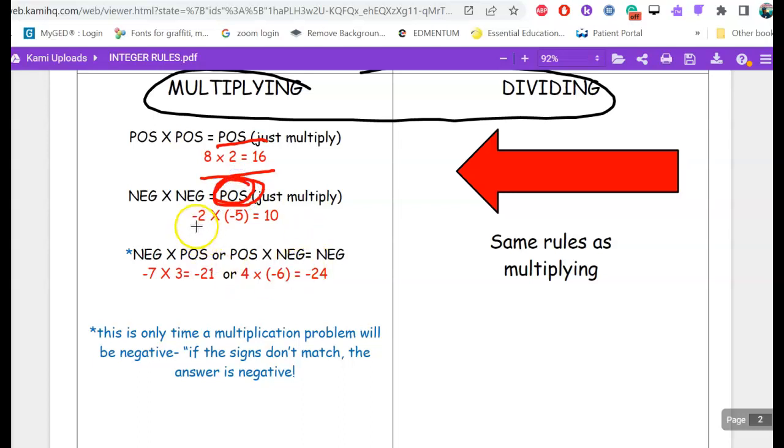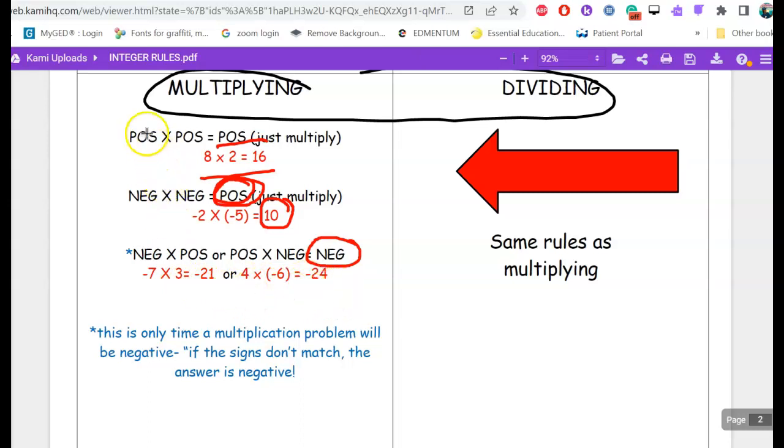For example, negative 2 times a negative 5, my answer is a positive 10. Same thing if I were to do division. A negative divided by a negative is positive. The only time we end up with a negative answer is when we're mixing them, such as a negative times a positive or positive times a negative. For example, negative 7 times a positive 3, that's a negative 21. Or positive 4 times a negative 6, that's a negative 24.